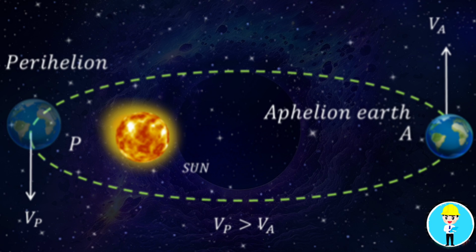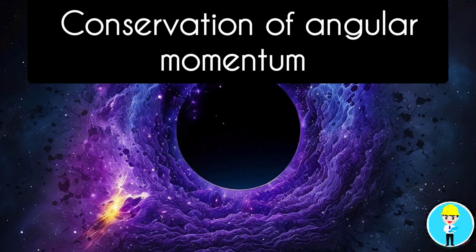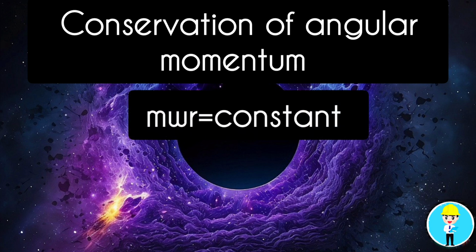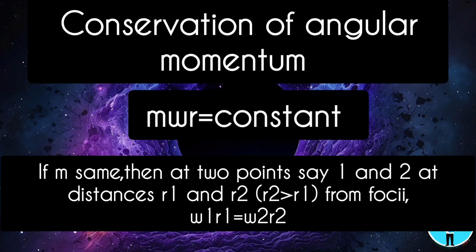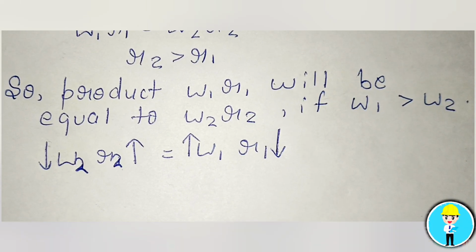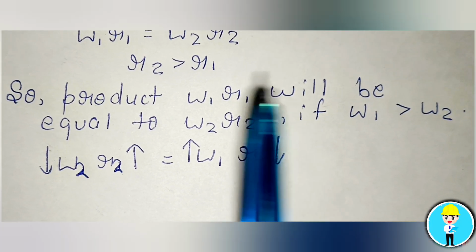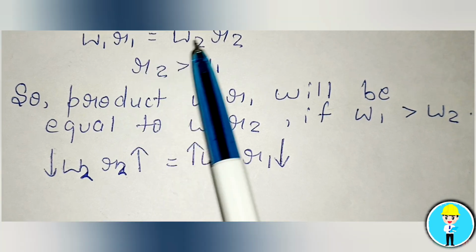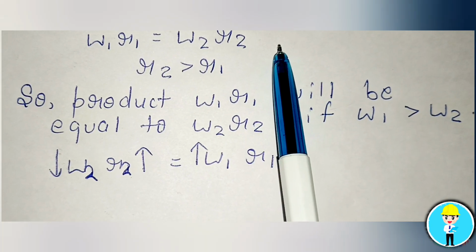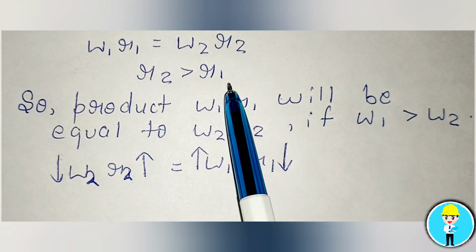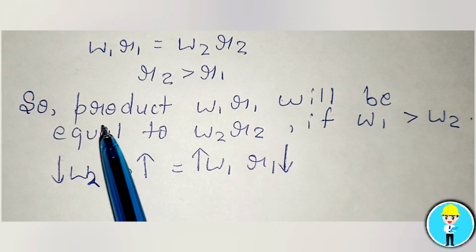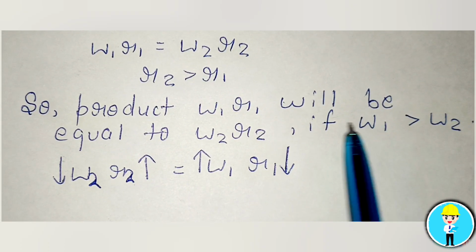We can prove this on the basis of the conservation of angular momentum. The equation is m omega r = constant. For the same body, if the mass is the same, then omega 1 r1 = omega 2 r2. If r1 and r2 are two locations, one nearer to the central point and the other farther away, then r1 will be less and r2 will be more.